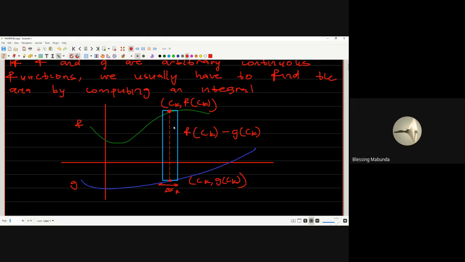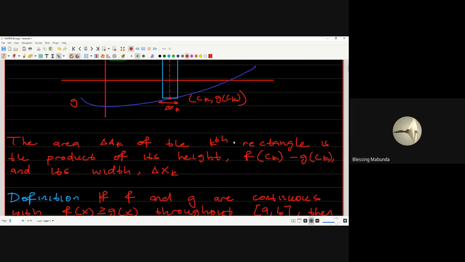And the height of this rectangle here is simply going to be f of ck minus g of ck. This defines the height here, and then the length is given by the change delta xk here, meaning that the area of this rectangle is given by its length multiplied by that height, f minus g at the point ck.